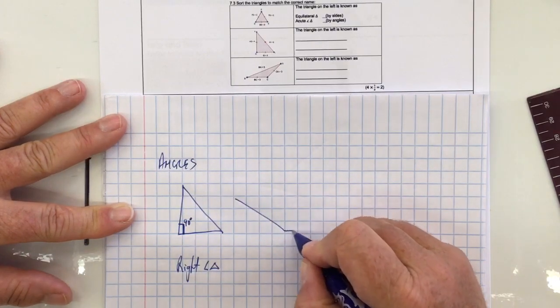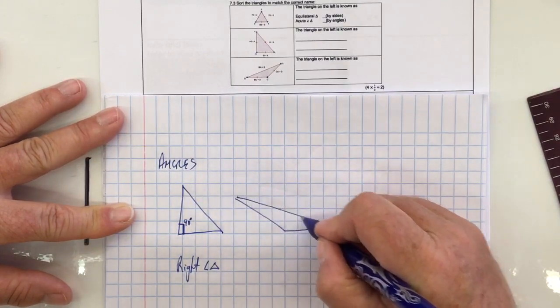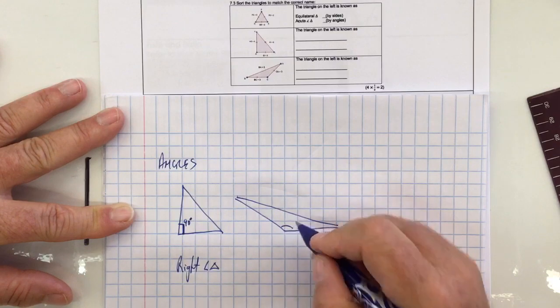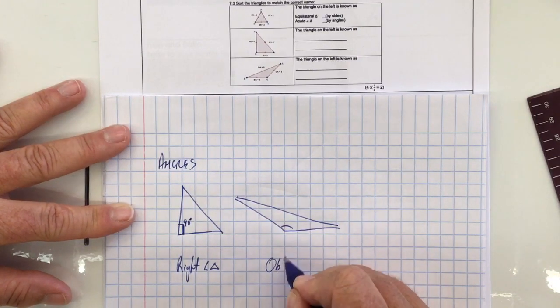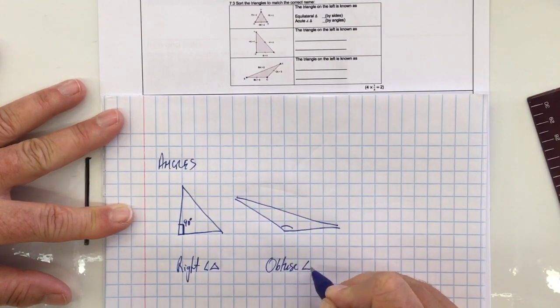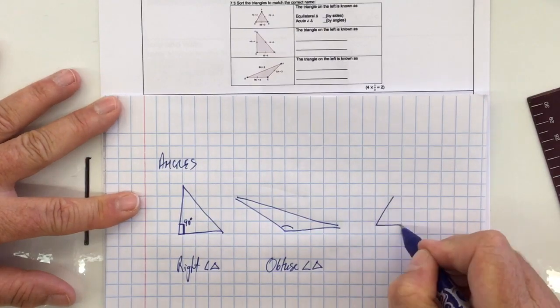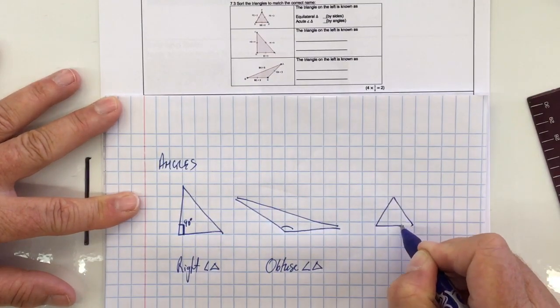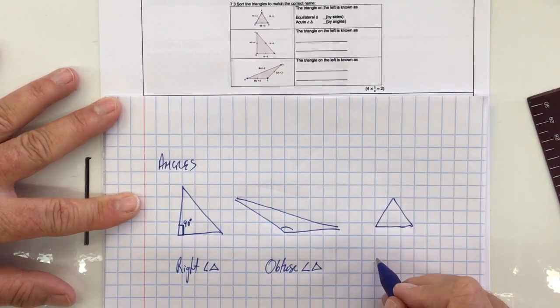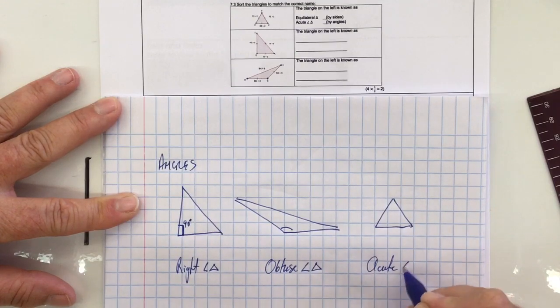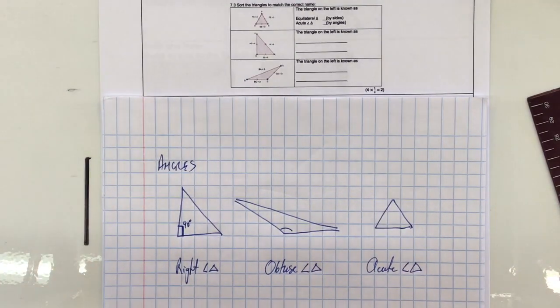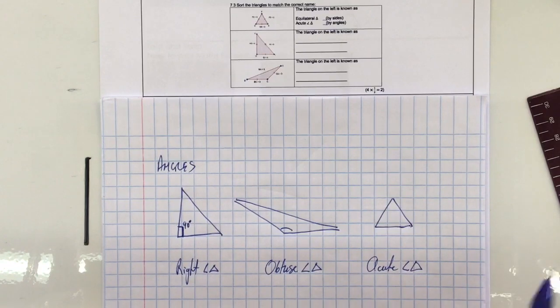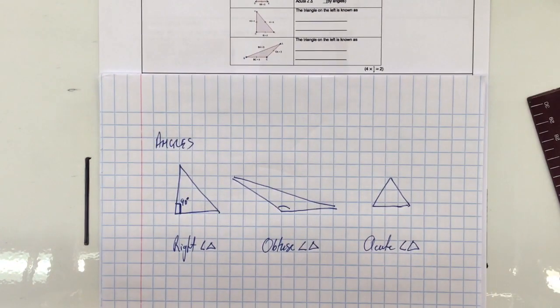If it's like this, okay, it's going to be an obtuse angle triangle. And if it's like this, it's an acute angle triangle. Please notice the word angle is with it because I have now named it according to angles.